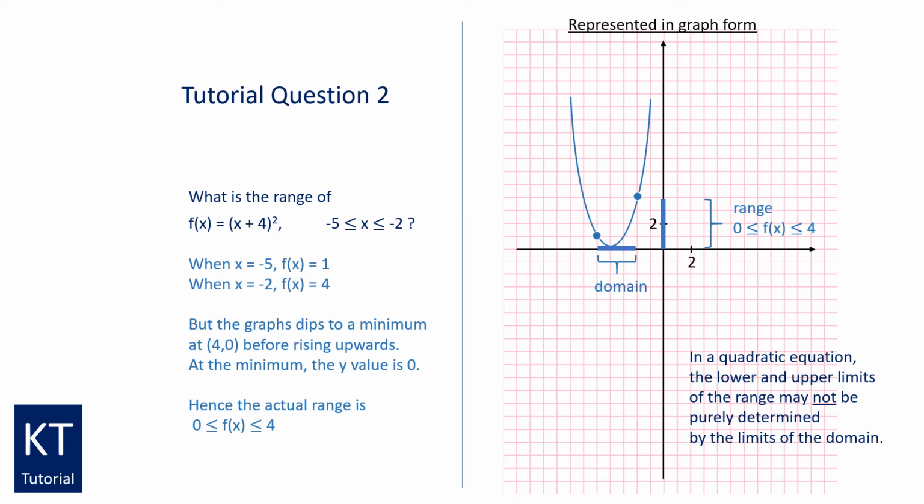Although when x equals minus 5, f(x) is equal to 1, and when x equals minus 2, f(x) is equal to 4, the range is not quite between 1 and 4, as the graph dips to a minimum of 0 for its y value before rising upwards. Therefore, the actual range for the stated domain is for f(x) to be in between 0 and 4.